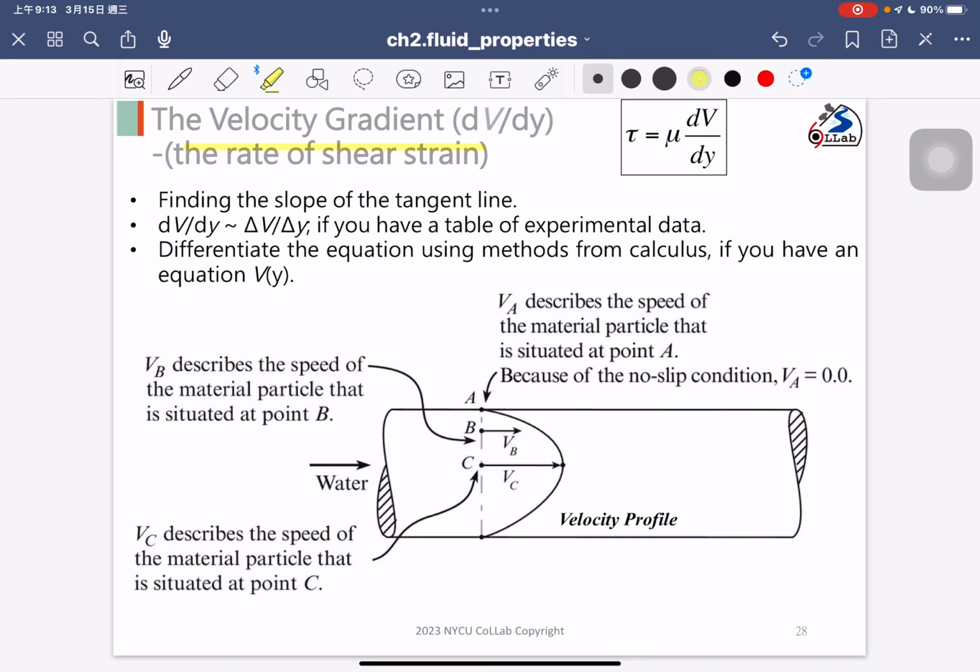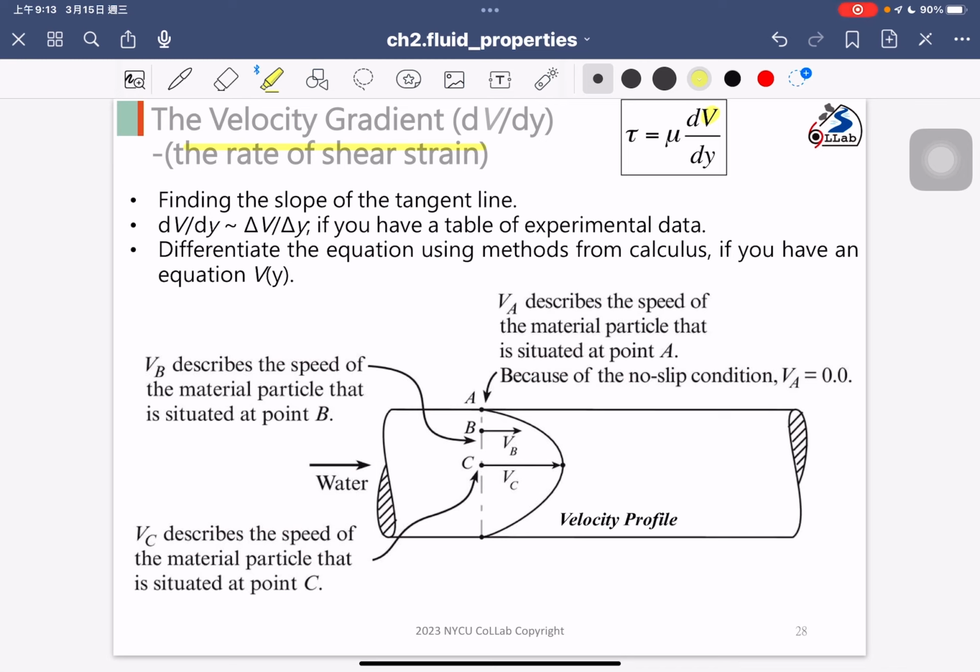The key knowledge is that we should know the velocity first. If we don't know the velocity as a function of the spatial dimensions, how can you calculate the gradient? So this is one example.